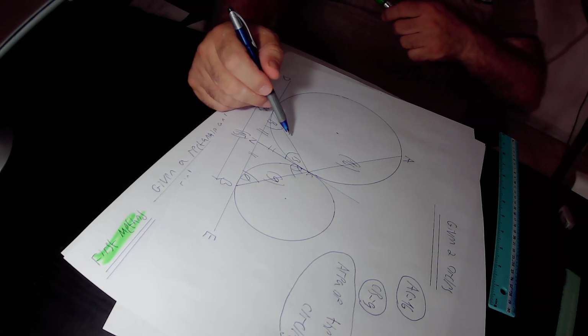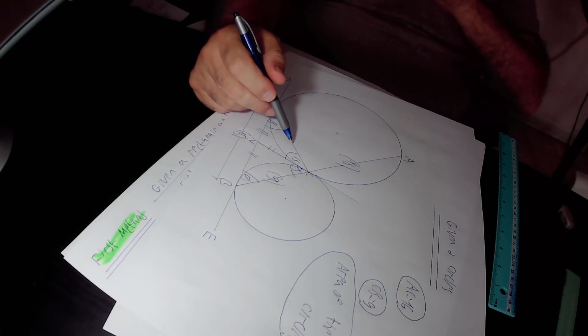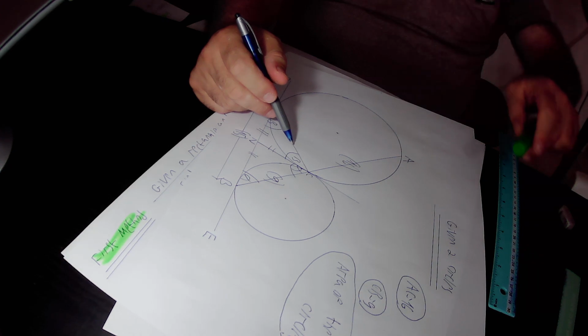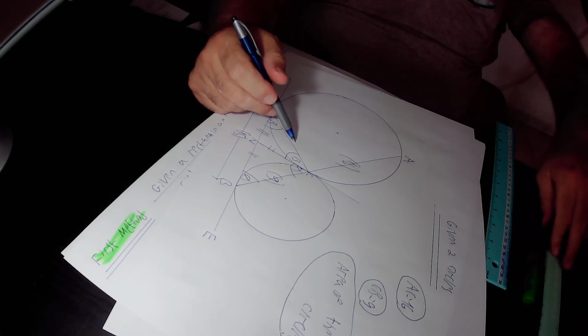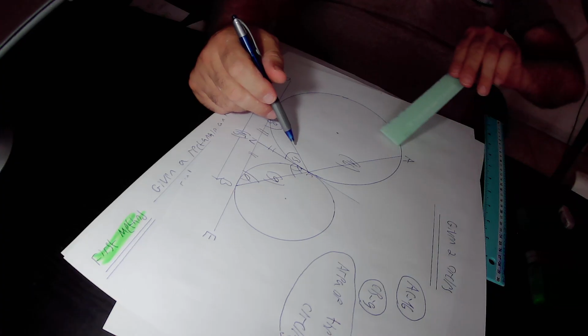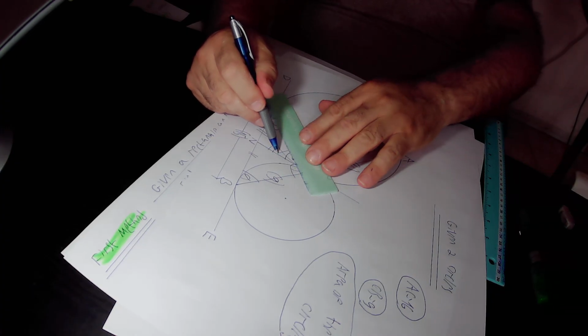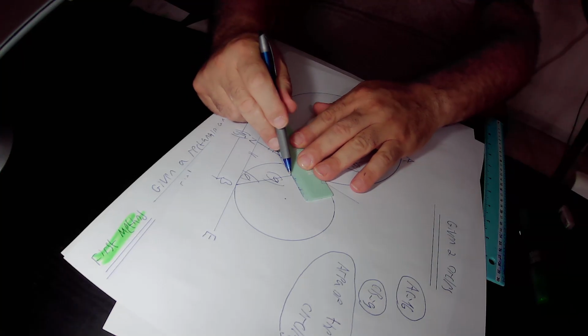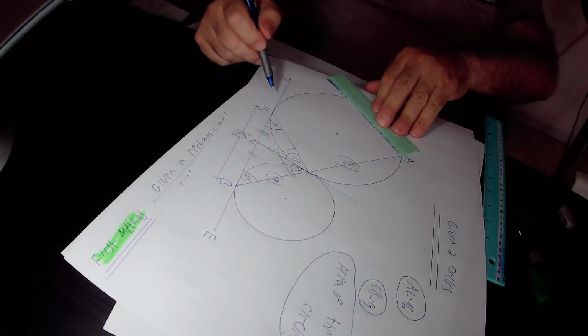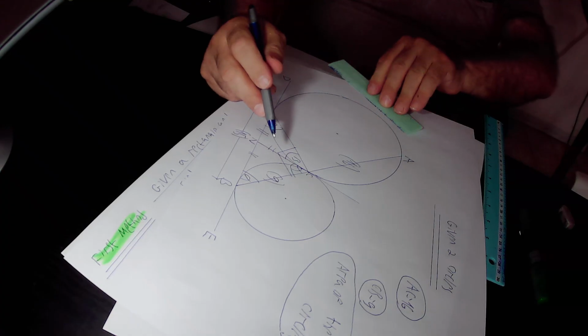And we know that angle MCB is equal to 90 degrees, because alpha plus beta equals 90 degrees. So angle MCB is a right angle.